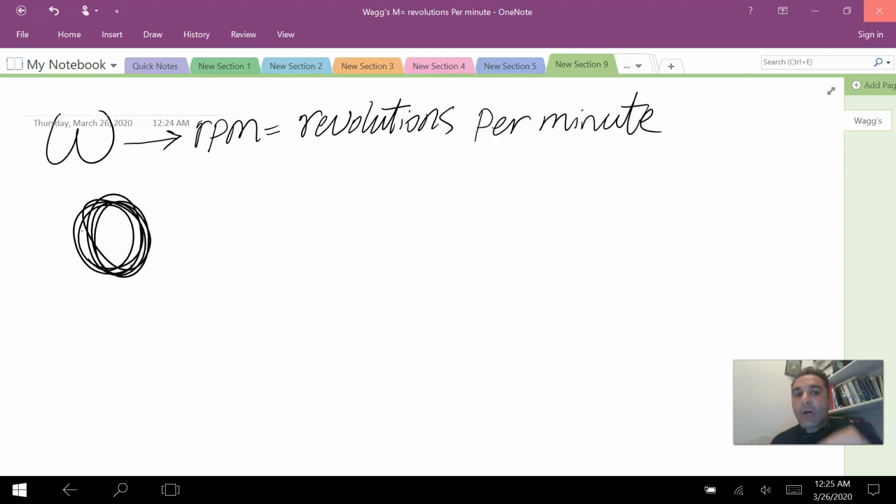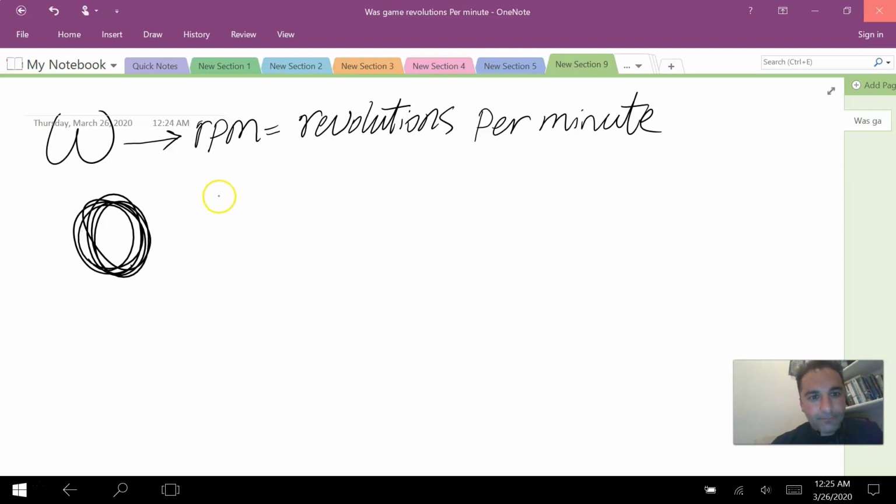RPM is not the metric unit for omega. The metric unit for omega is radians per second, but we can find radians per second from rotations per minute.